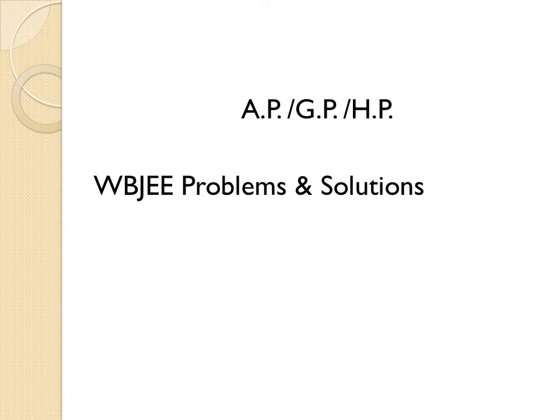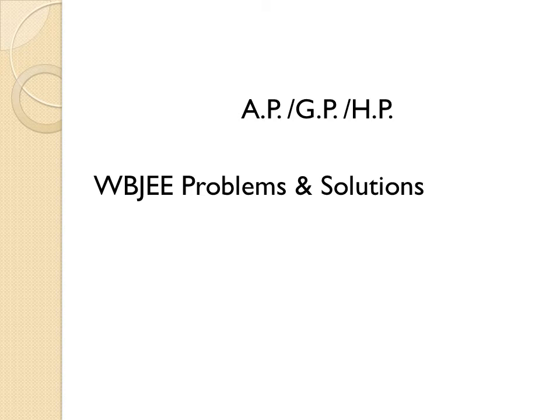Another important thing I just found out, so I think I should share with you, is that for the last few years, like 2015, 2016 or 2017, very few problems, and probably in the year 2015 none of the problems, have come from AP, GP, HP. So maybe the trend has changed, but it is not permanent, because maybe next year, or the year after, more problems will come.